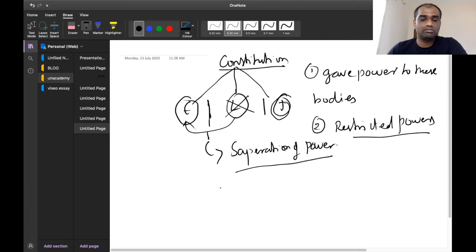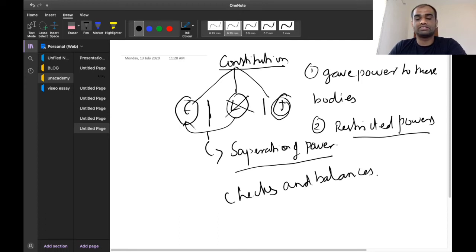This provision of curtailing the powers of other organs is called checks and balances. Clear? So the USA, by following a constitutional form of government, first, the constitution gave power to these bodies. The next one is that the constitution restricted their powers, and it introduced a principle called separation of power.